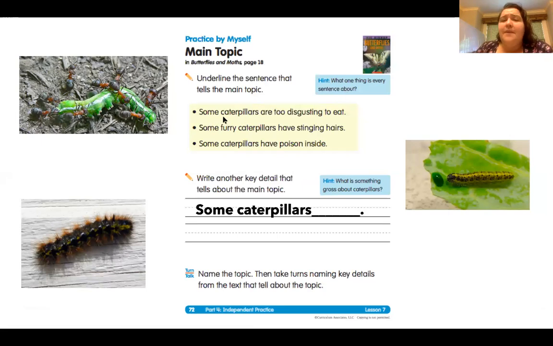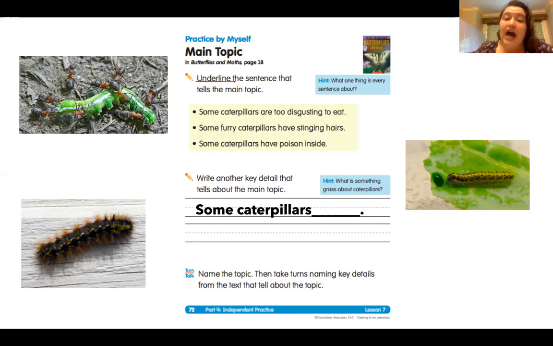Is it about that some caterpillars are too disgusting to eat? Is it about some furry caterpillars have stinging hairs? Or some caterpillars have poison inside? Now underline, like we have been underlining, the last one, which is right. Remember, the main topic tells what the story is all about.